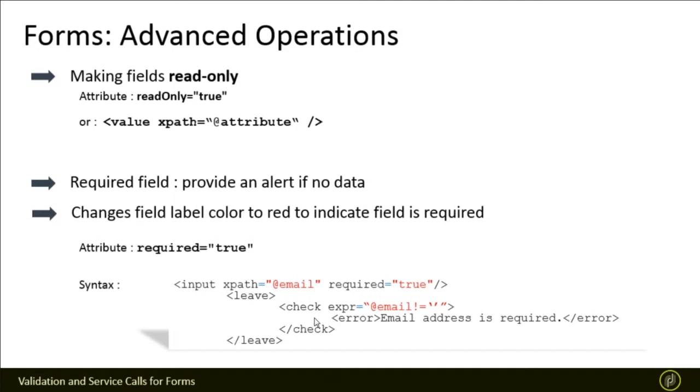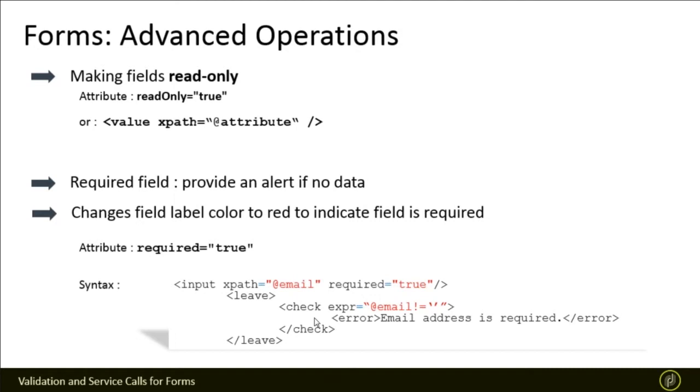When the operator goes to save this form, it will examine each field that has one of these leave tags, and it will do a check. In this case, the check is looking to see, is the email field the empty string? If it's empty, then it will pop up an error and say email address is required. This means the operator is not going to be able to save the new recipient record until they've entered an email.